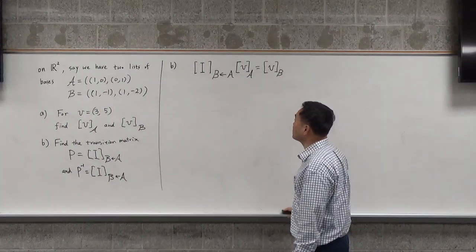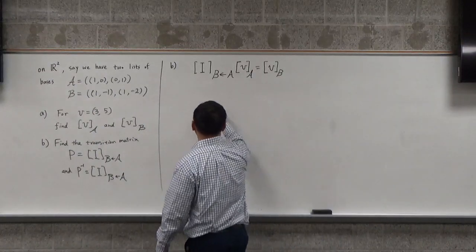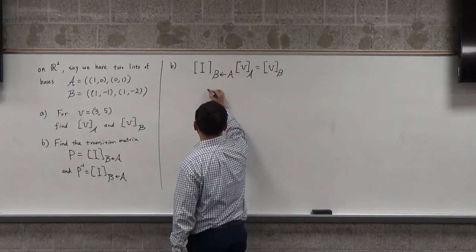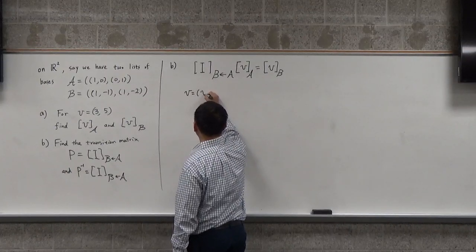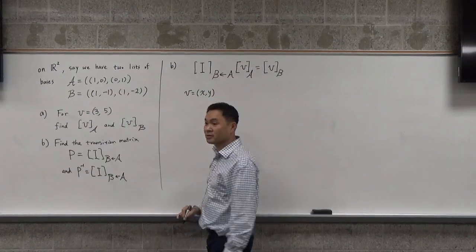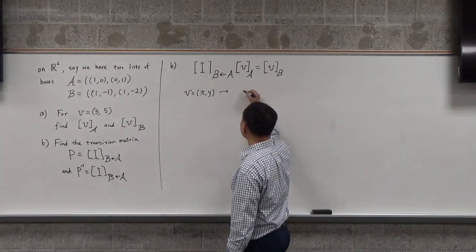So what would this be? Well, think of it like this. If you have vector space, some vector, say, x comma y, then what is that?